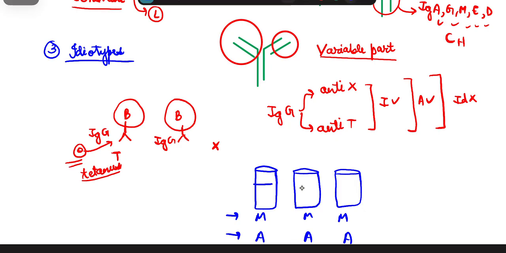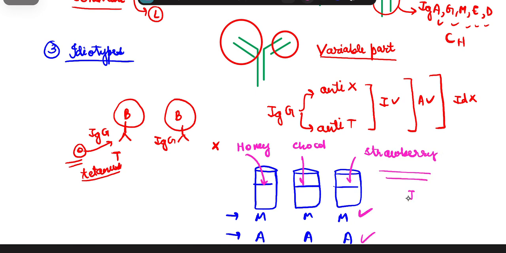But suppose they are exposed to different flavors that we add from our side at home. Suppose we add honey here, chocolate here, and strawberry here. In that condition, although they may be isotypes of each other, they may be allotypes of each other, they are not at all the idiotypes of each other.